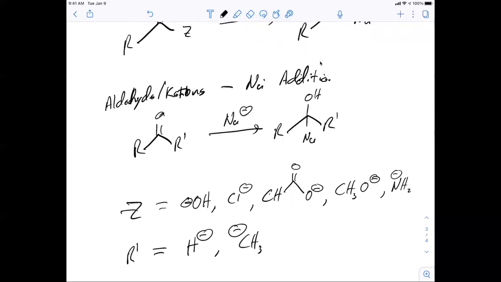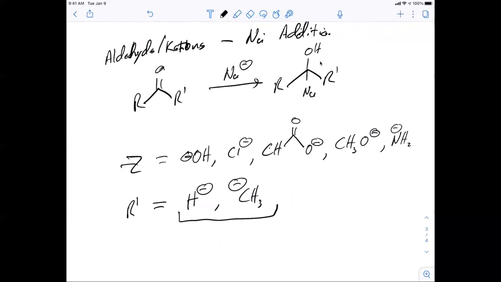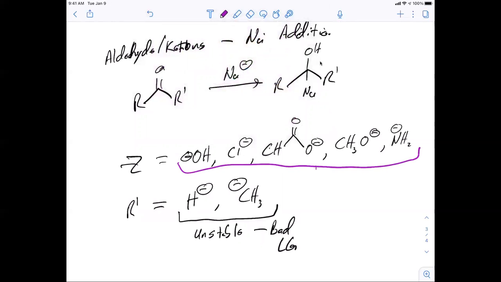An aldehyde would be a hydrogen negative leaving. How likely is a hydrogen negative going to leave? Not likely. The pKa of that hydrogen is 60, so that's very unstable. The pKa of an alkane is going to be around 50, so we're talking about unstable. These are not going to leave. But when we look at this group, we can say they are very stable to decently stable.